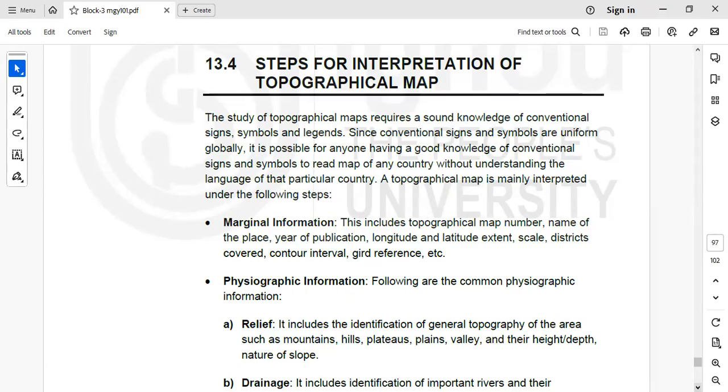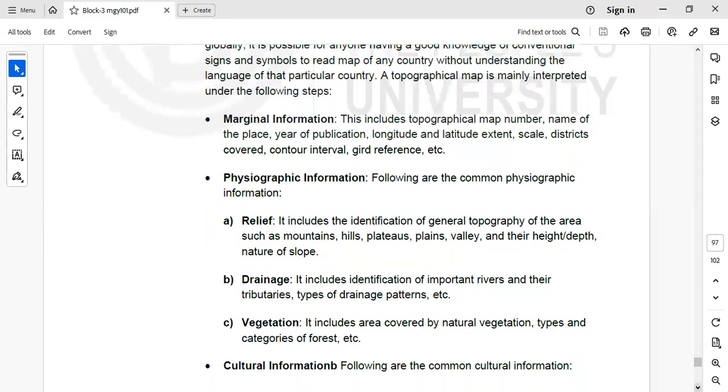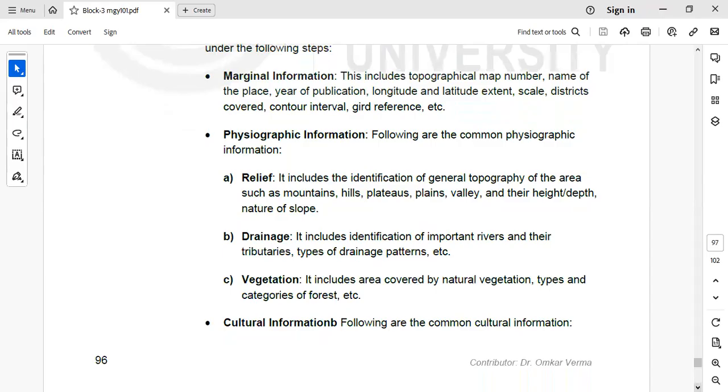And then we study physiographic information, which is related to the physical features. There are three types of physical features. Relief includes the identification of the general topography of the area, such as mountains, hills, plateaus, plains, valleys, and their height, depth, and nature of slope.